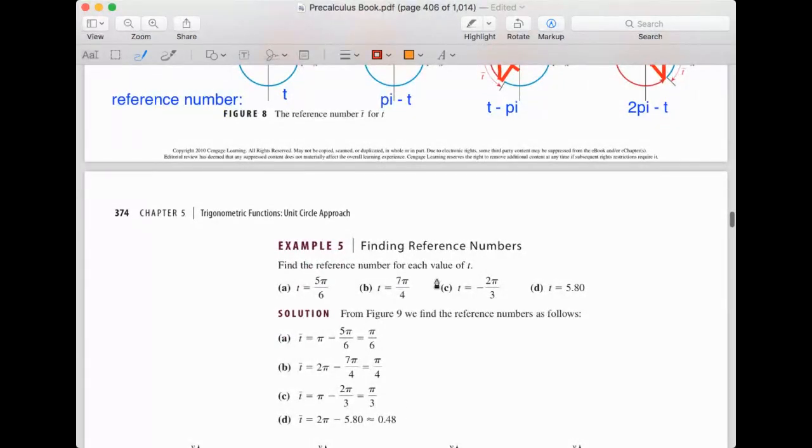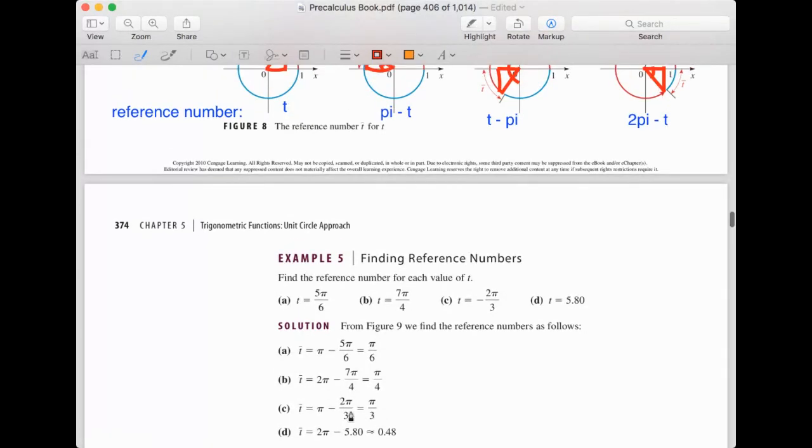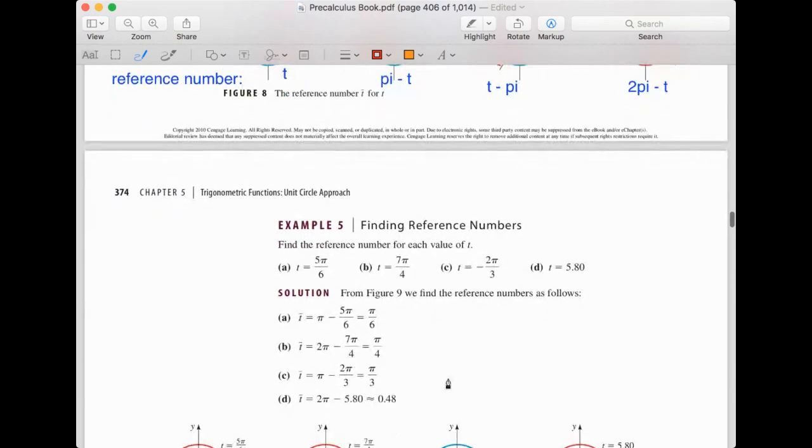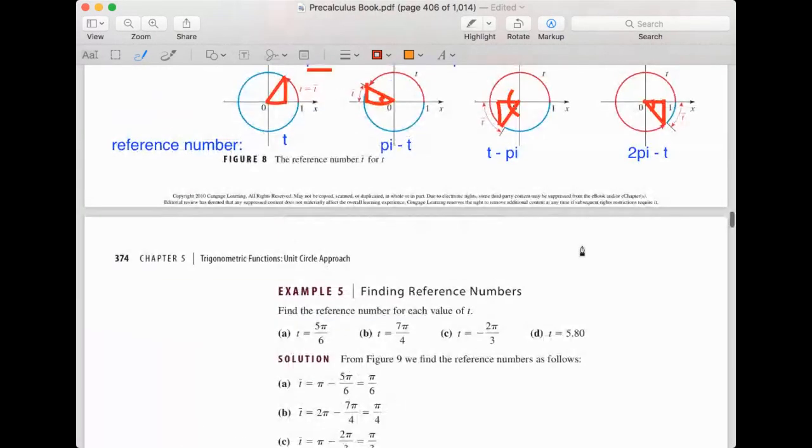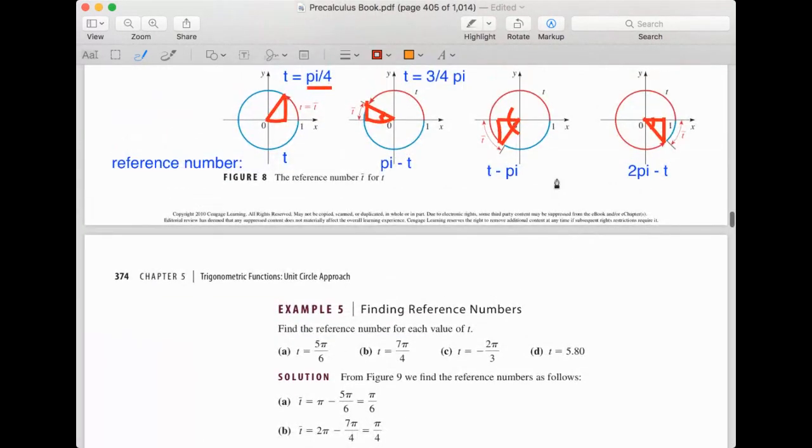C, negative 2 pi over 3, is in the third quadrant. Negative 2 pi over 3, we measure this way, so it is somewhere here, in the third quadrant.